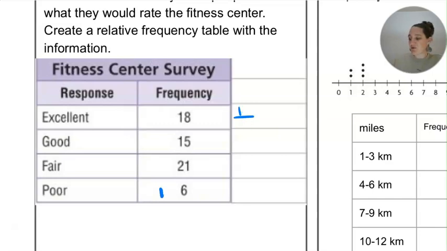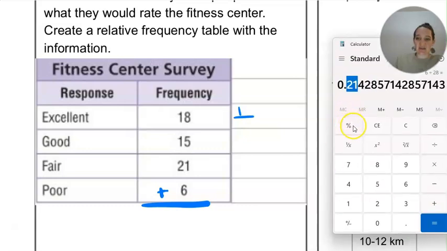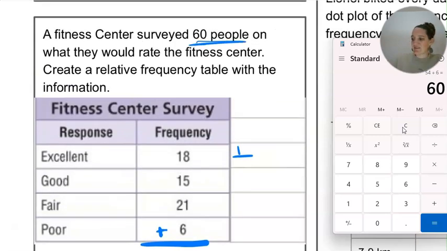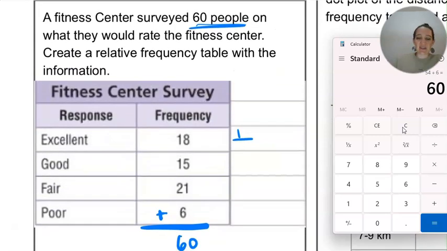So let's figure out what the whole is by adding all of these numbers up. 18, 15 people rated it good, 21 people rated it fair, 6 people said it was a poor fitness center. There were 60 total people surveyed.